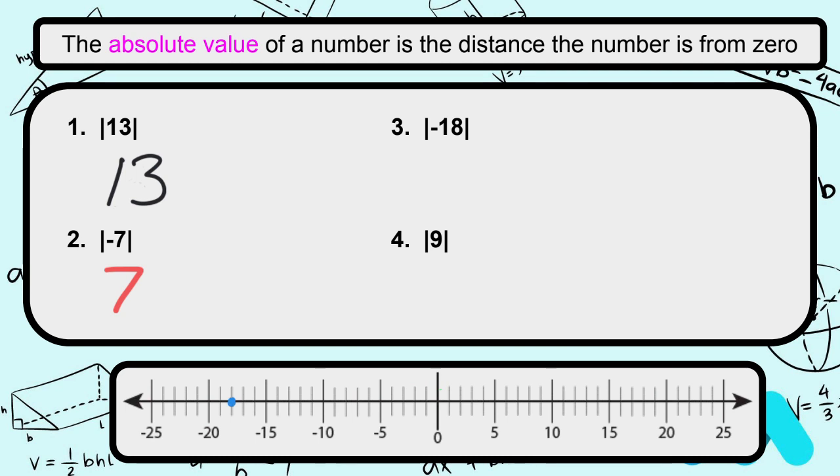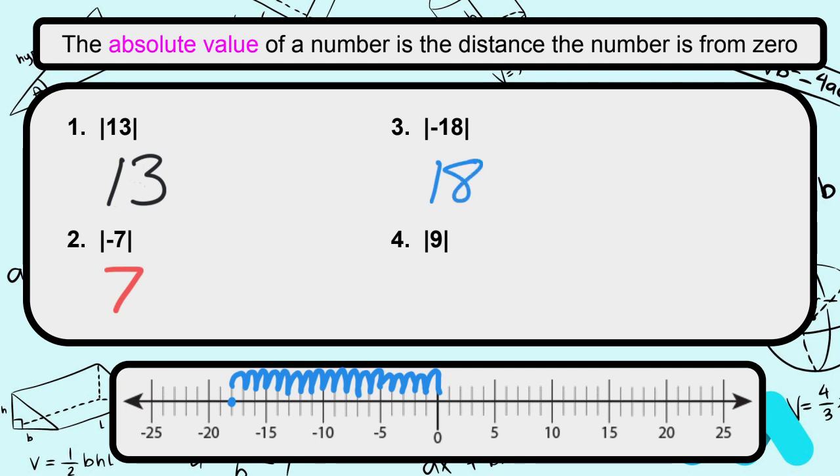And then I'm going to count how many spaces between -18 and 0 there are. So there are 1, 2, 3, 4, 5, 6, 7, 8, 9, 10, 11, 12, 13, 14, 15, 16, 17, 18 spaces. Therefore, the absolute value of -18 would be simplified to 18.